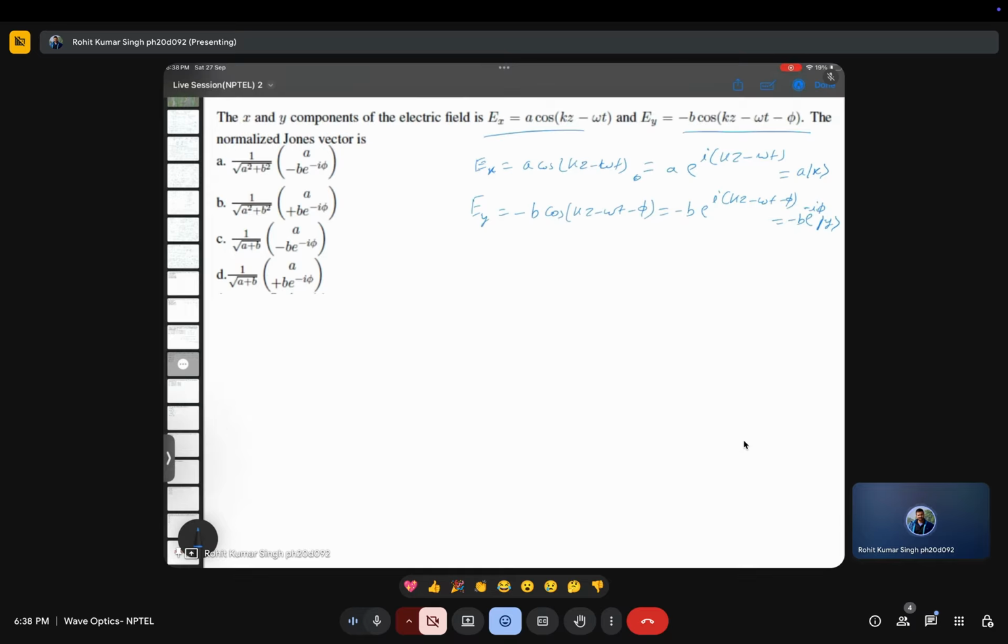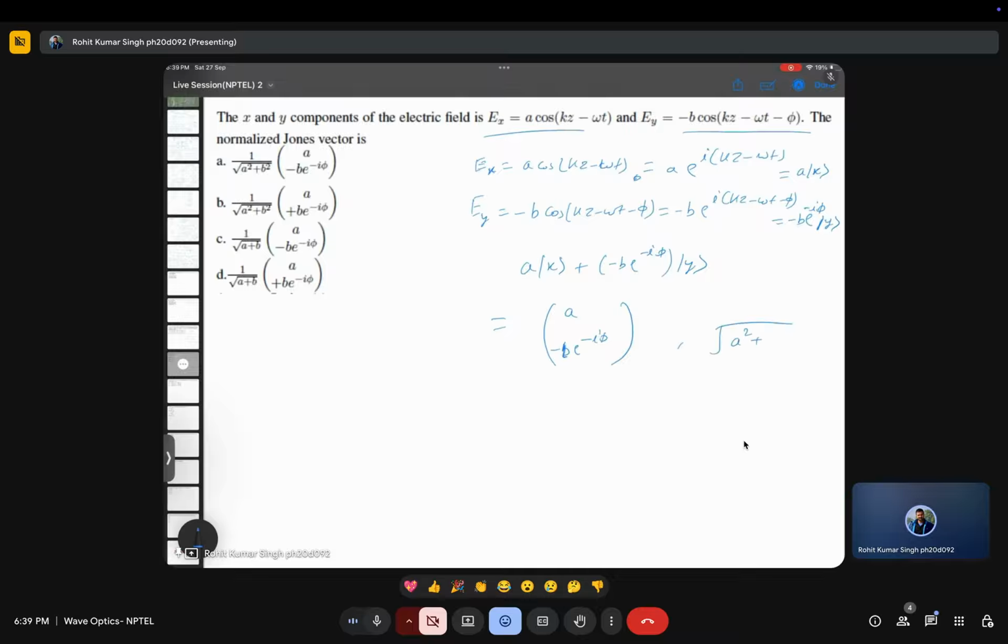Now it is very simple to calculate the resultant vector. So what will it be? a ket x plus minus b e to the power minus I phi ket y, which is equal to a by, right? And for normalization, what is the formula? This is a square plus b square, right?